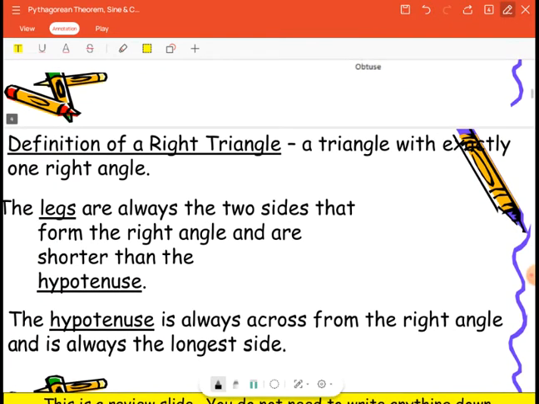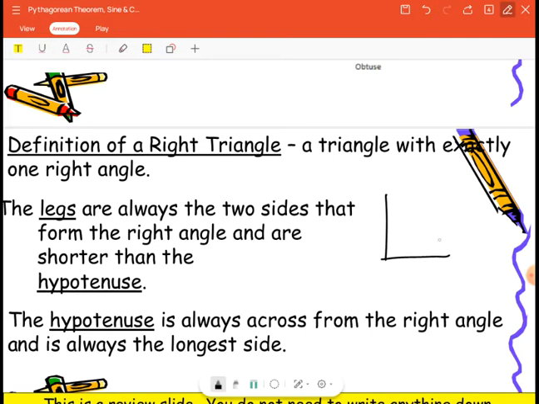By definition, a right triangle. Focus tayo sa right triangle muna kasi yung ating topic is Pythagorean Theorem. It is a triangle with exactly one right angle. The legs are always the two sides that form the right angle and are shorter than the hypotenuse. Halimbawa, ito yung ating triangle.